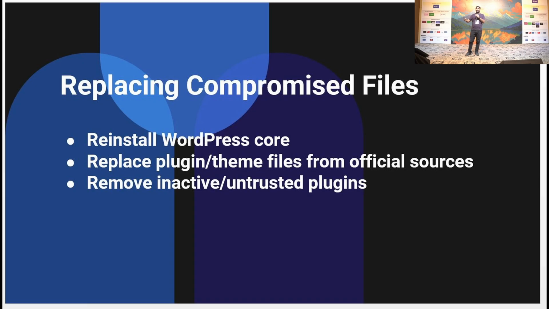So if there was malware and you update a plugin, that will remove all of the malware and replace the plugin with fresh files. So that's how you clean. You don't really go and delete each file individually. Instead, you just remove the folder entirely and replace it with fresh files. So that's even easier and more time efficient.